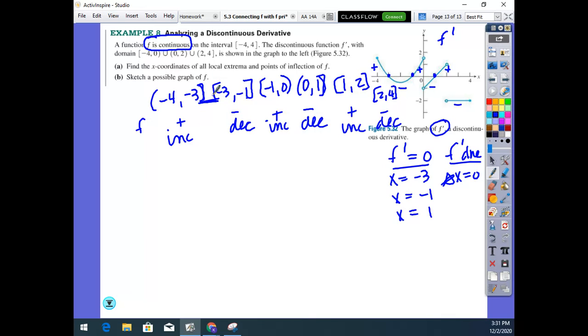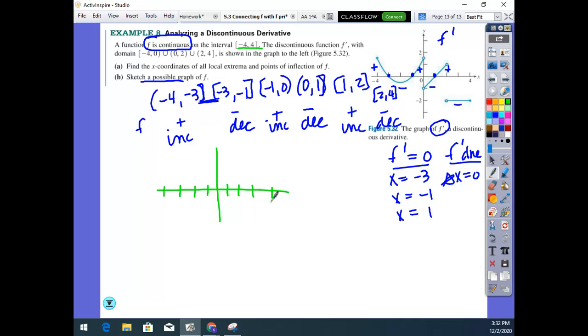All right, so I'm going to actually do the graph first and then find my maxes and mins from that. They ask us to draw the graph from -4 to +4. And F is continuous, so I'm not going to pick up my pencil.